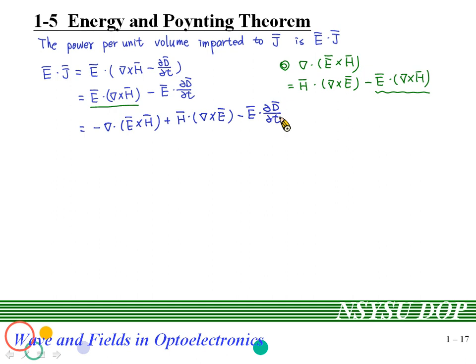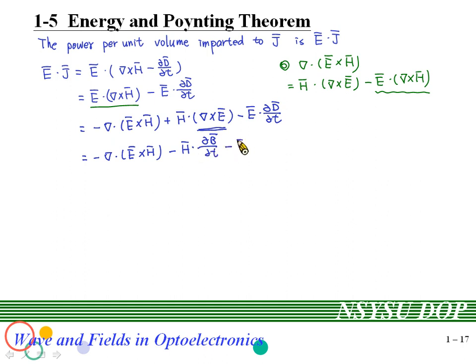Then again, by using the curl E equation, we can replace this one. Then we will have minus divergence of E cross H minus H dot partial B over partial t.